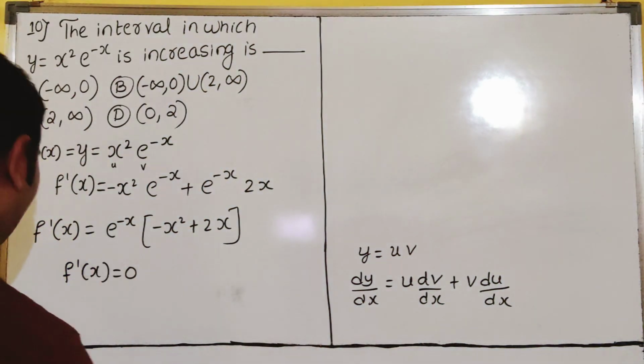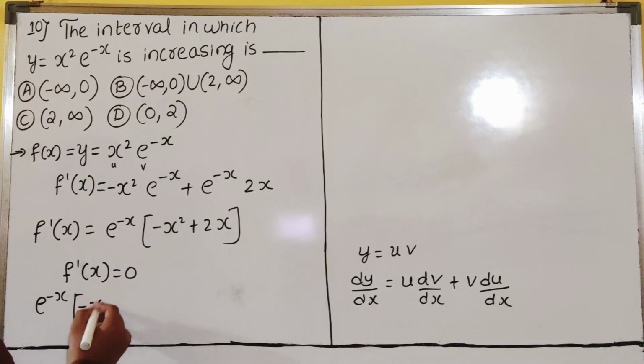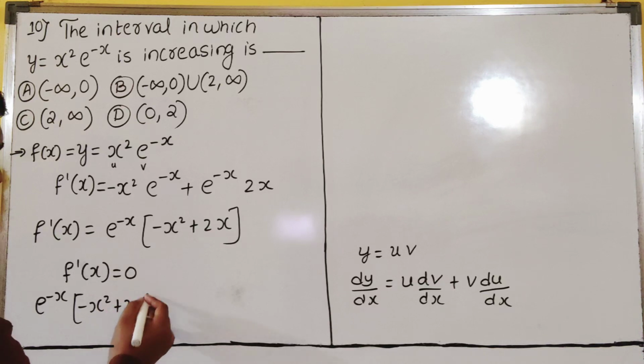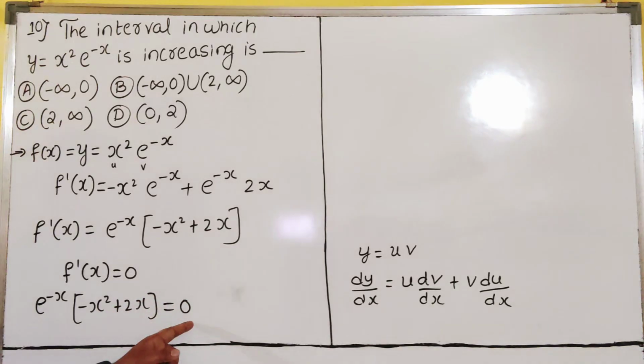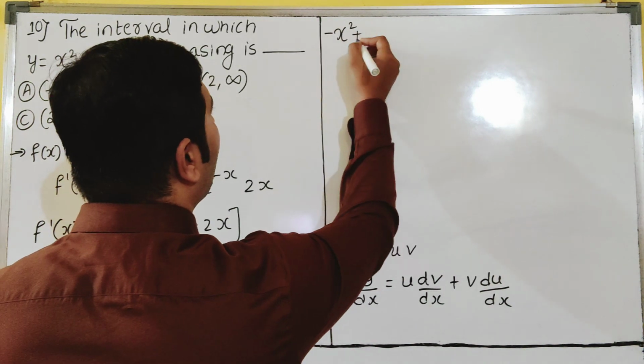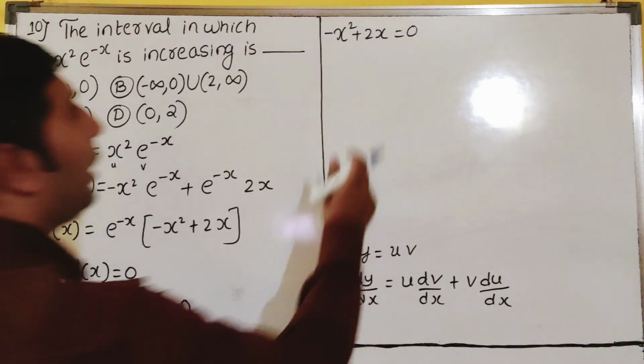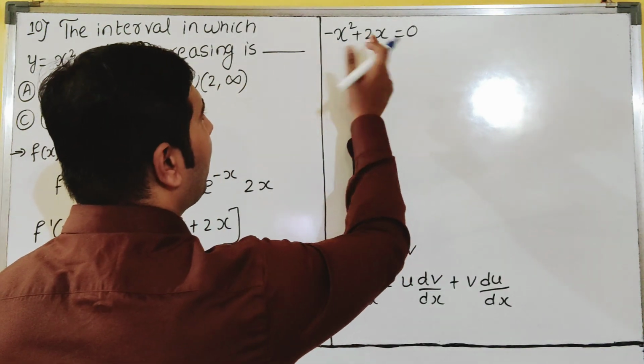So now we have to take the derivative. So e raised to minus x into minus x square plus 2x is equal to 0 will make. So now e raised to minus x, if you take this side, 0 by e raised to minus x is 0. So you will remain with minus x square plus 2x equal to 0, dear students. Clear? So now what you can do here, you see.